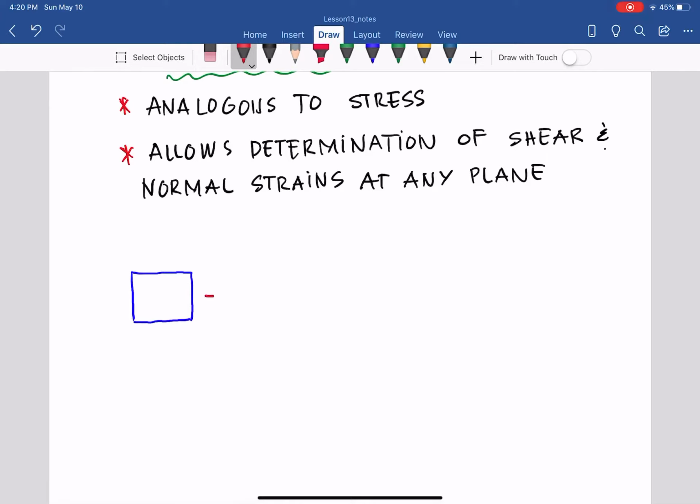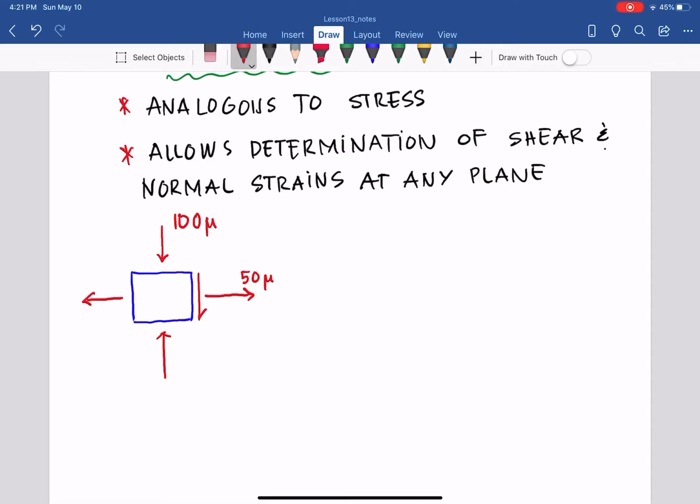Let's assume epsilon x is 50 micro inch over inch, for example, and epsilon y, in this case the body is in compression going down into the block, is negative 100 micro inch over inch, or millimeter over millimeter. That is the normal strain, and now the shear strains.